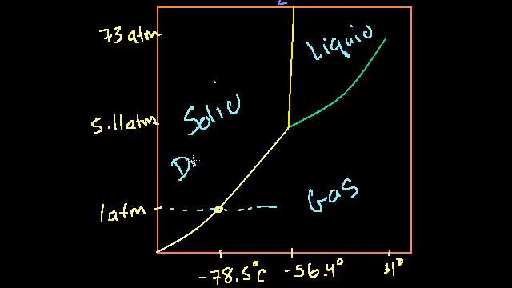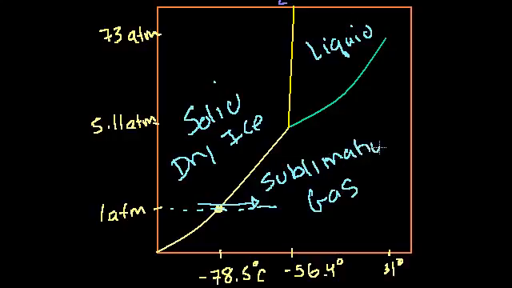This is dry ice. It's frozen carbon dioxide. And as soon as you get above minus 78.5 degrees Celsius at sea level atmospheric pressure, it sublimates to gas. So that process where you go straight from a solid to a gas is sublimation.